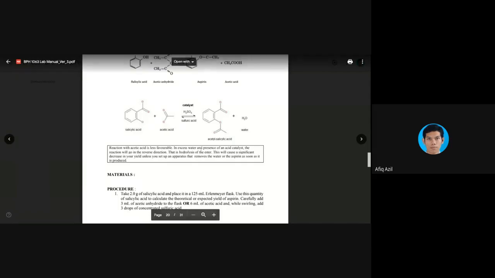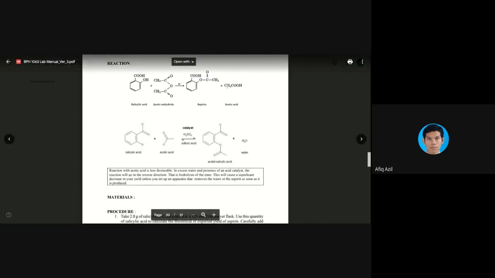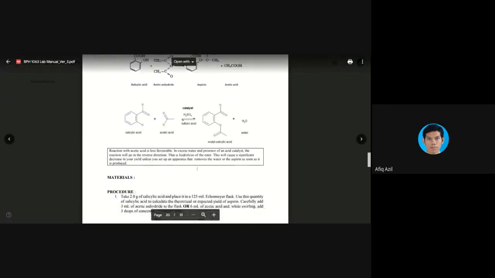So this will cause a significant decrease in the yield, unless special apparatus is set up to remove this water. Because in the first reaction there is no water, the chances of the product being hydrolyzed back into the reactant is very low.